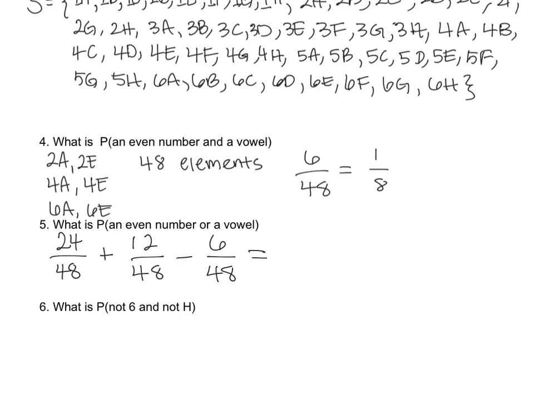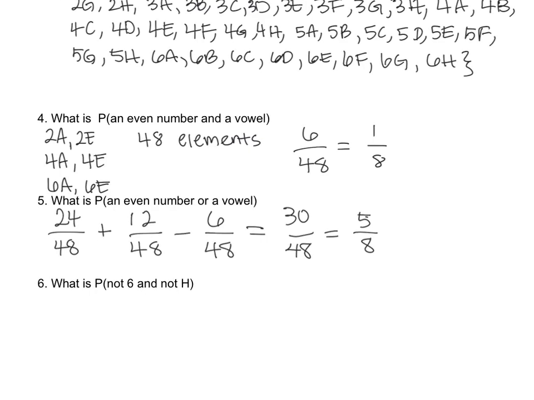So when we do 24 plus 12 minus 6, we're going to end up with 30 out of our 48, which when we simplify gives us 5/8. So there's a very good chance that if you roll a die and then spin the spinner, you're going to get either an even number or a vowel as your answer.